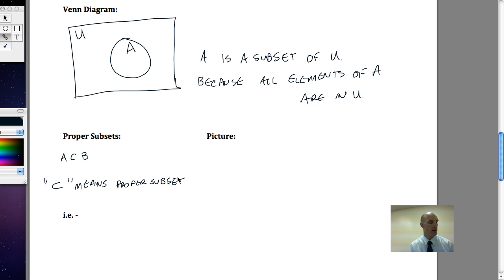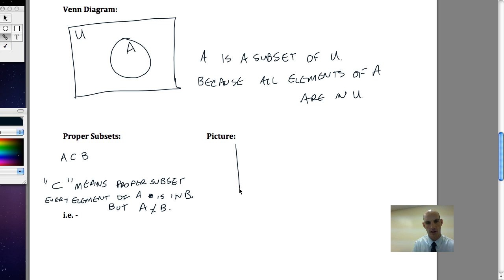A proper subset is every element of A is in B. But A does not equal B. So it's not every element of B, but it is some of the elements, all of which are in B.